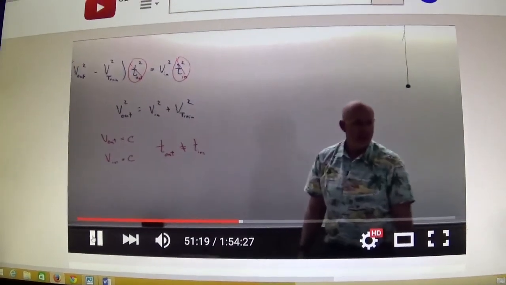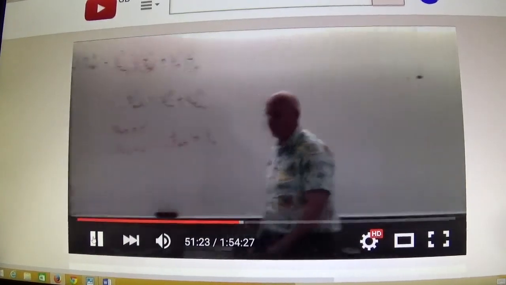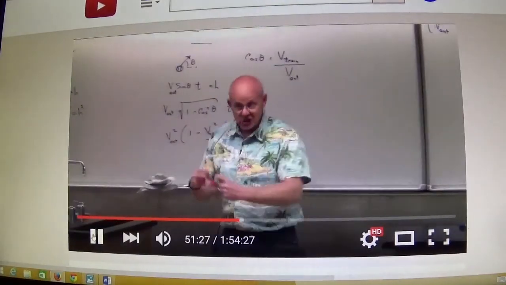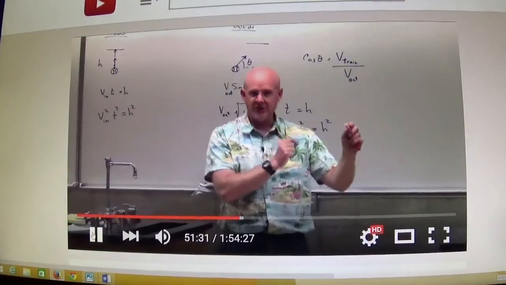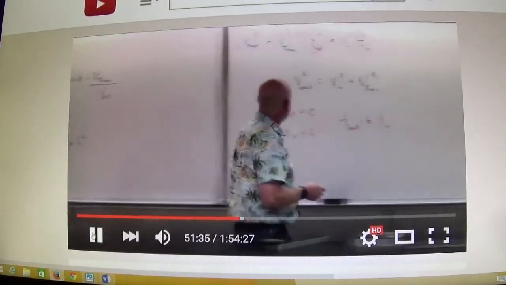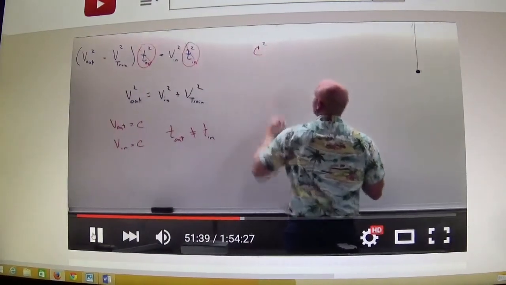Our choice. We either can assume the times are the same and then the speeds can't be the same, or we can assume that the speeds are the same and therefore the times are different. And so let's take that bold step and replace the velocity.